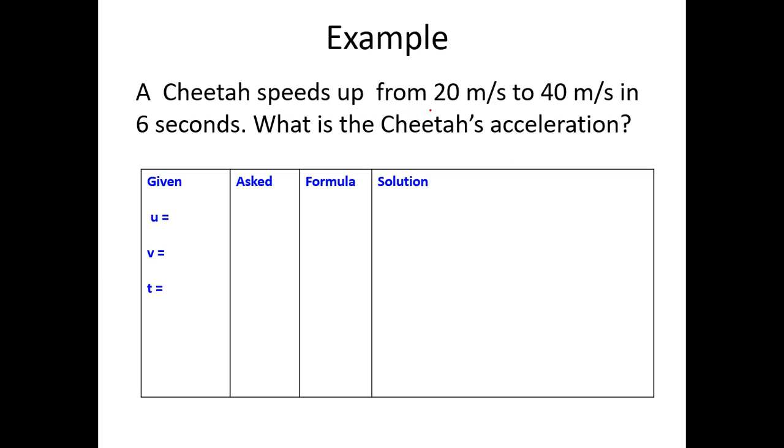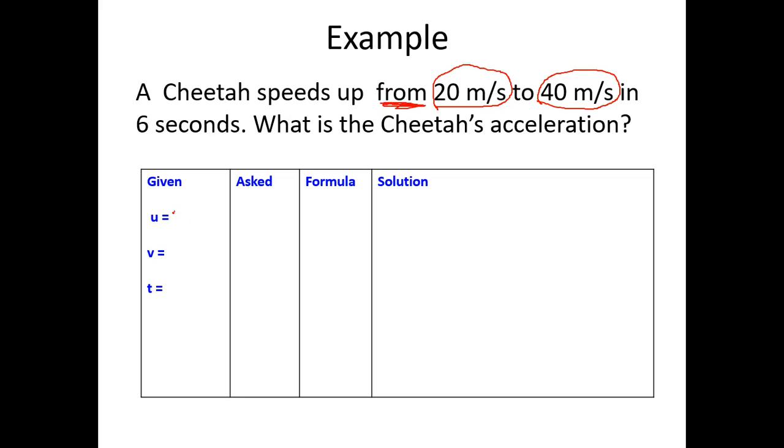In this problem, you are given two velocities, or two speeds, 20 and 40 meters per second. When you look at your given, remember, U is the beginning velocity. You know very well that this 20 meters per second is your beginning velocity because of this keyword, which says "from."